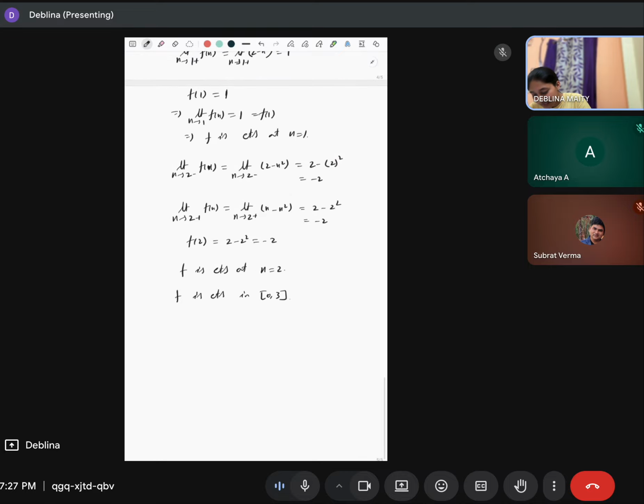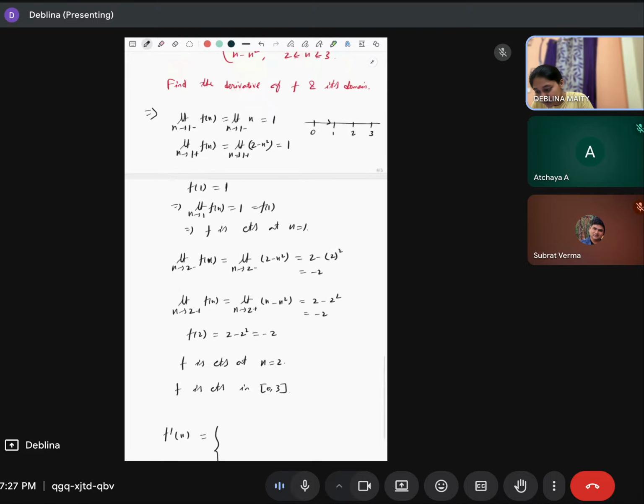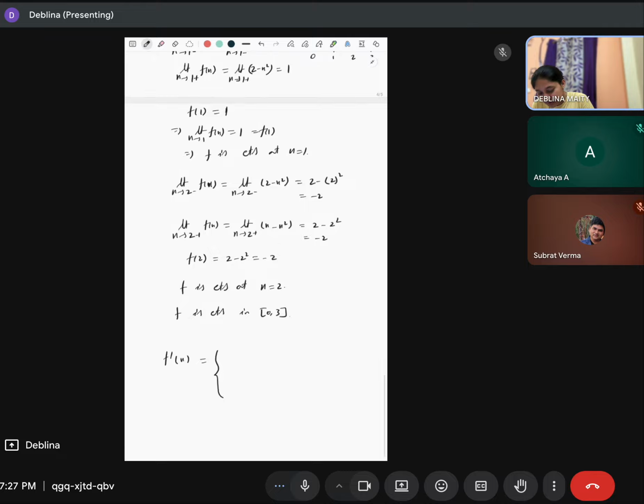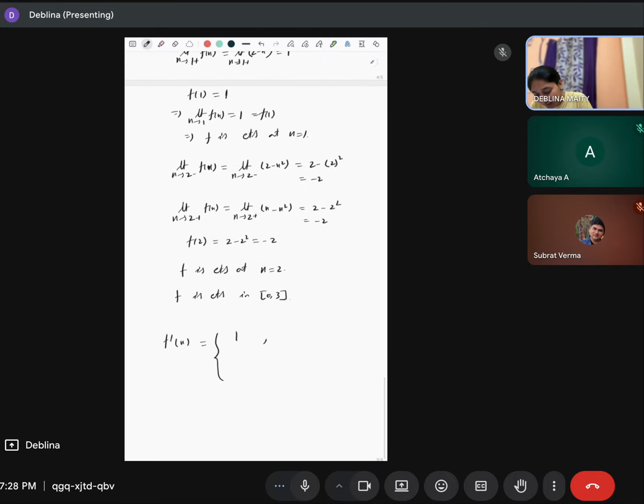So clearly f dash x is 1 when x belongs to open 0, 1, and minus 2x when x belongs to open 1 to 2, and 1 minus 2x when x belongs to open 2 to 3, right?